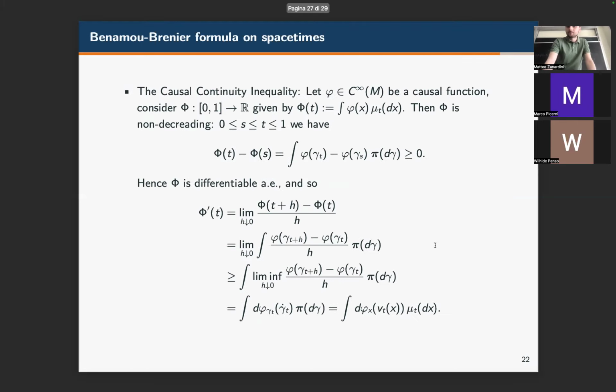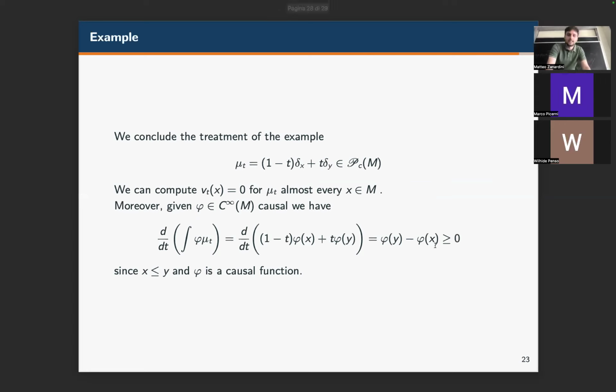What happens in this example is that the optimal vector field of this choice is the vector field 0 for every x. The curves in the lifted plan have 0 speed for almost every time. So the second addend in the causal continuity inequality is 0, and the first addend is computable: the integral of phi mu t is precisely this affine function in t.